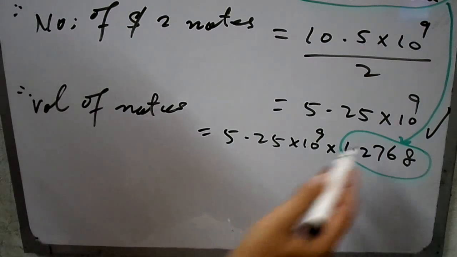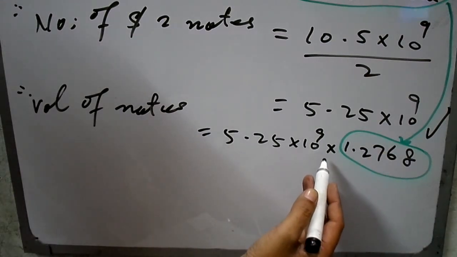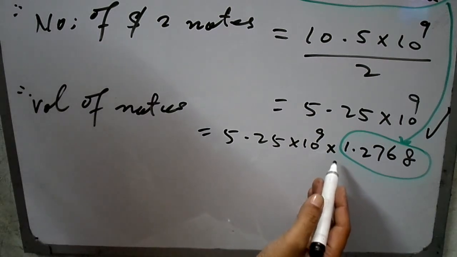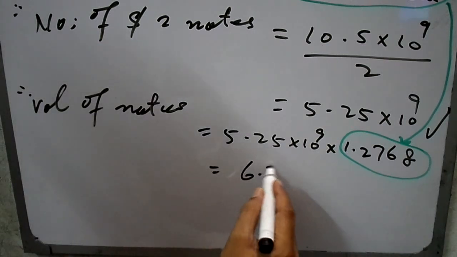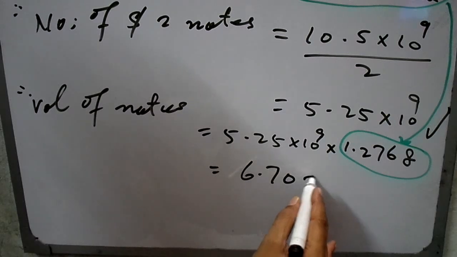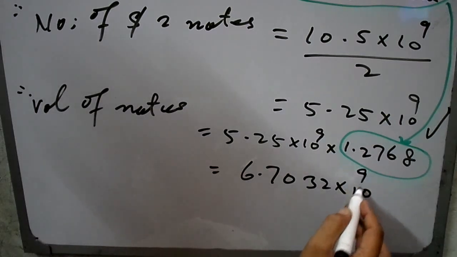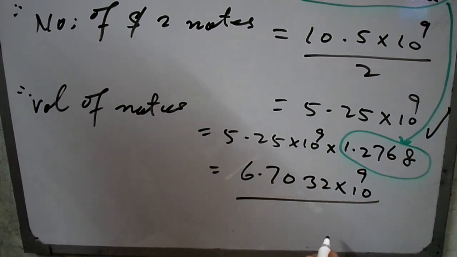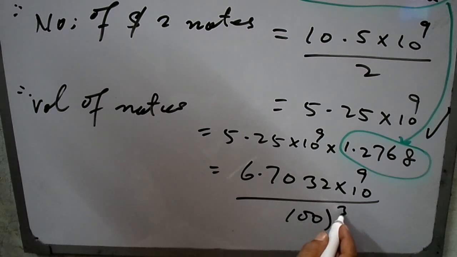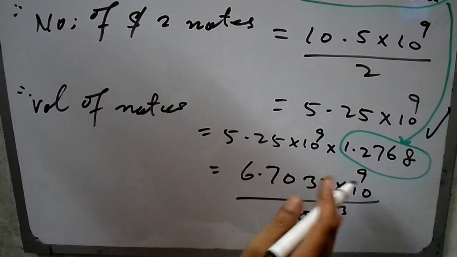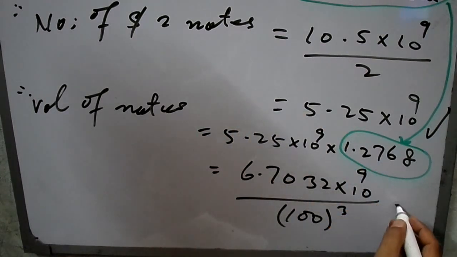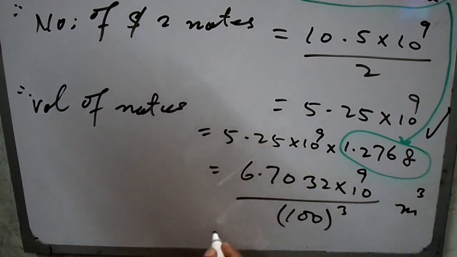We have to convert into meters, so we also have to divide by 100 cube, because 100 into 100 into 100, 3 times, gives your meter cube.